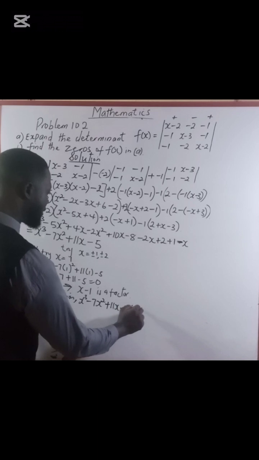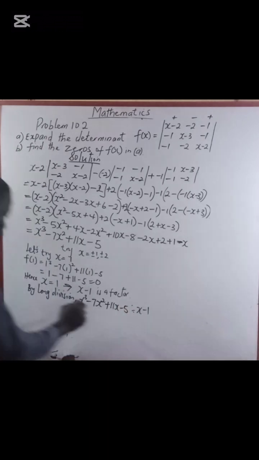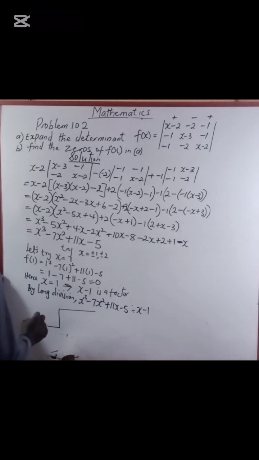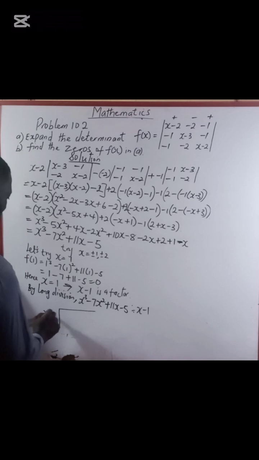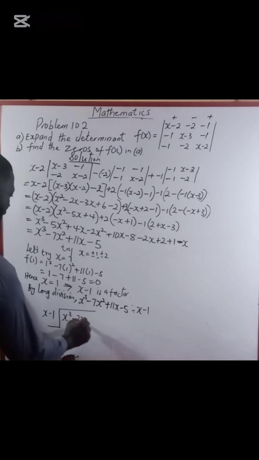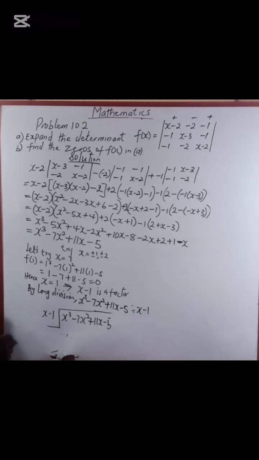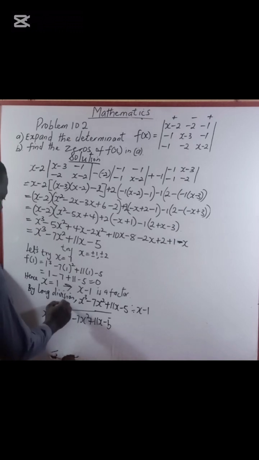The first one you do is x cubed divided by x, we have x squared.